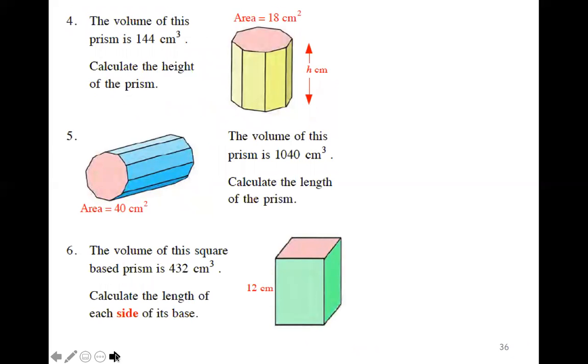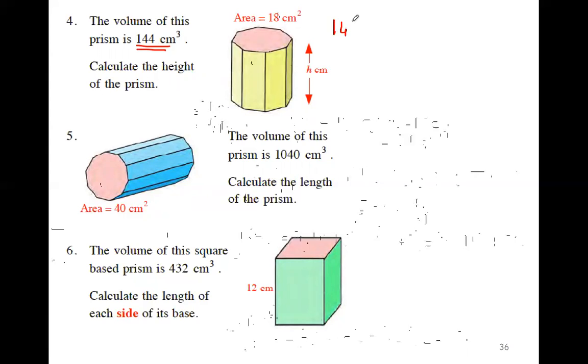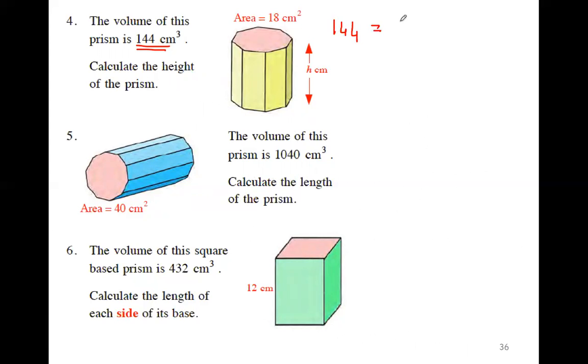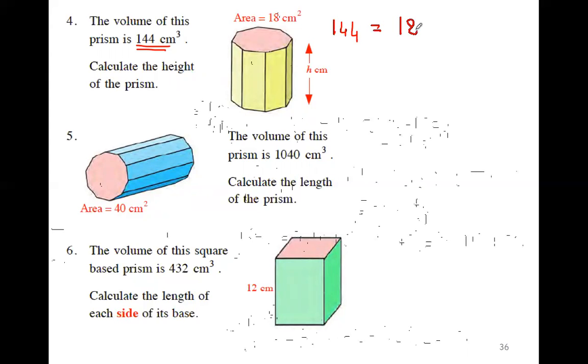In this case here, instead of asking us to calculate the volume, they've asked us to calculate the height because they've already given us the volume. So you've got to solve an equation where volume 144 equals 18, the area, times the height.